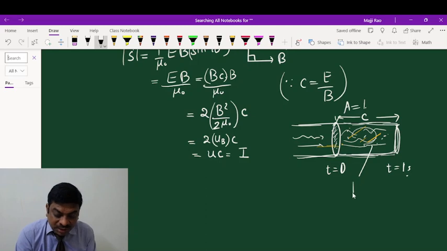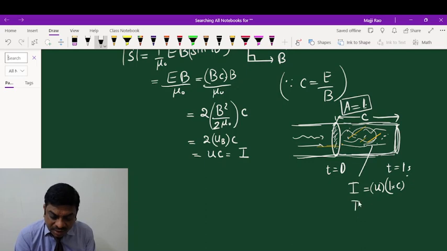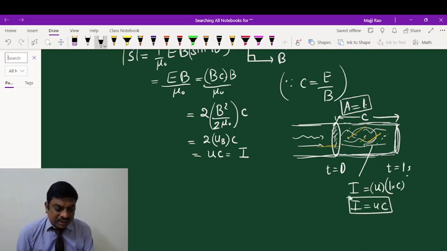So the energy in this is the energy density multiplied by volume. Volume is cross section area into length. Cross section area is 1, length is c. So therefore I is equal to uc always, where u is the energy density.